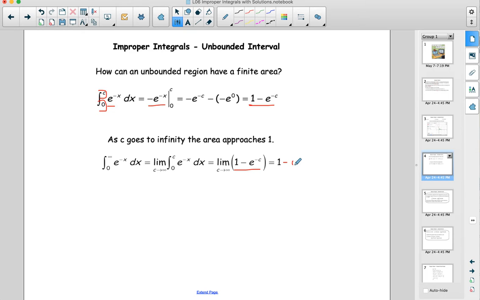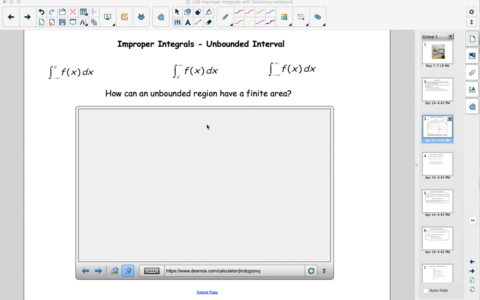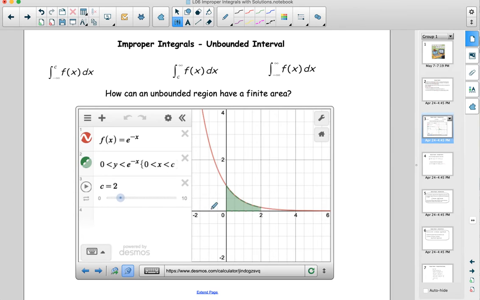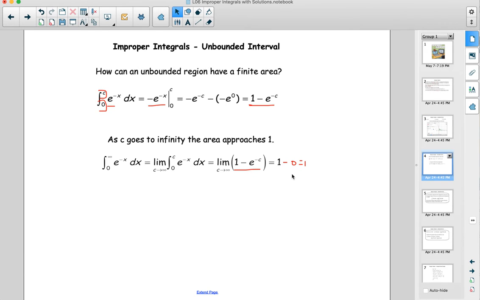This will be 1 minus 0, which is 1. So the area under this curve, from 0 all the way out to infinity, believe it or not, that is 1. Let's drag that out. So that green area heading all the way out to infinity, the area between e to the negative x and the x-axis from 0 to infinity is exactly 1 unit, and we demonstrated that right here.